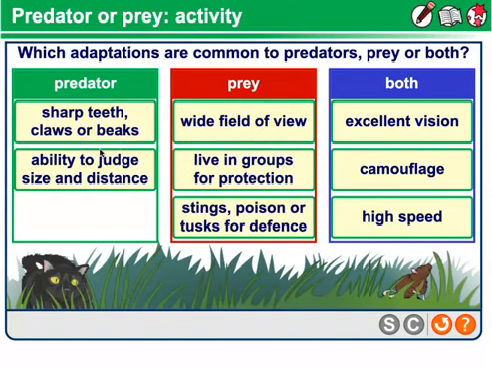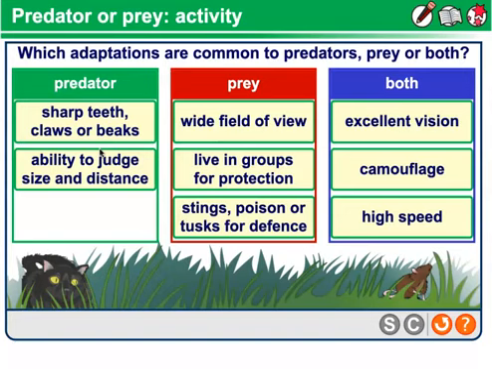Some of the adaptations that are common to predators, to prey, or to both include the following. Predators oftentimes have adaptations of sharp teeth, claws, or beaks, and an ability to judge size and distance very well. Prey oftentimes have a wide field of view. This is important for seeing predators.